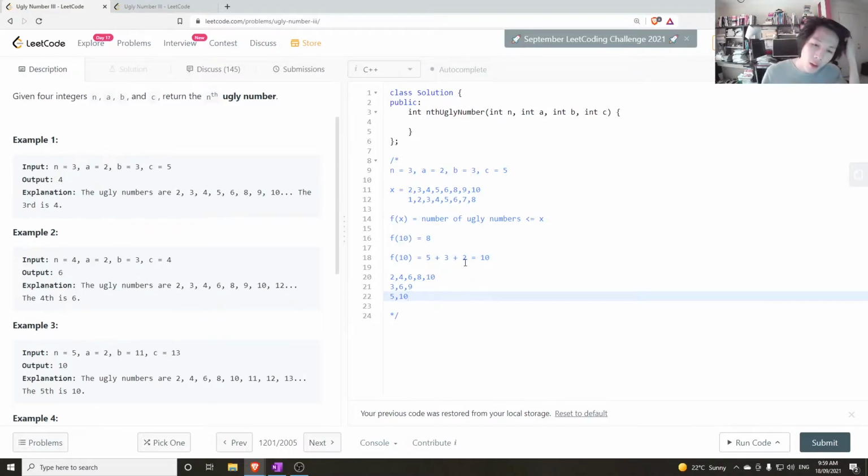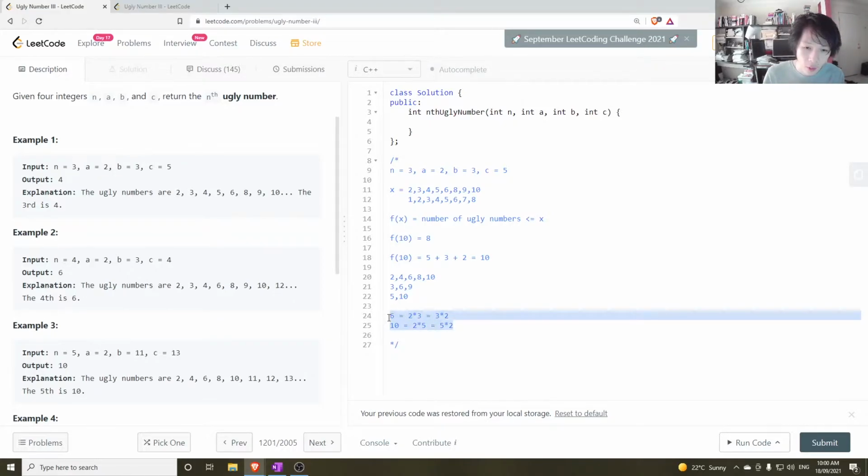Okay. So how do we get rid of this problem? Maybe it'll be tempting to think that 6 is equal to 2 times 3, which is equal to 3 times 2. And we also know that 10 is equal to 2 times 5, which is equal to 5 times 2. Maybe that's the reason why they're repeated, right?